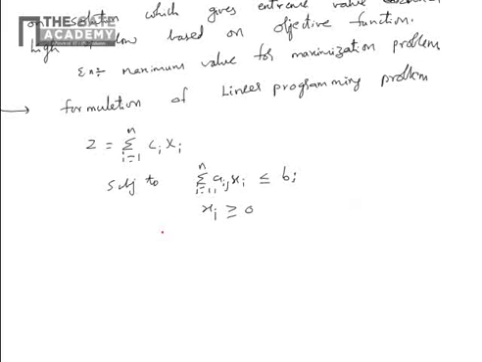We have already discussed that xi is a decision variable, and c is the unit contribution of the decision variable, the coefficient.